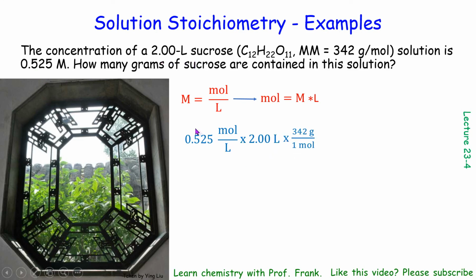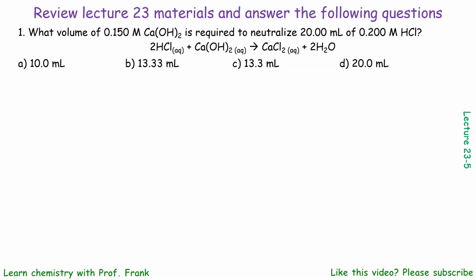And now you see liters are cancelled. We have moles. And now we need to convert from moles to grams using the molar mass of the substance. And then that gives us 359 grams of sucrose.